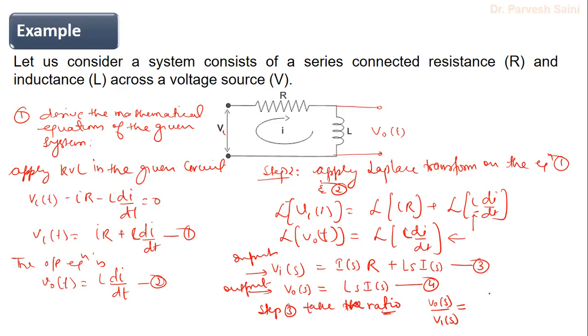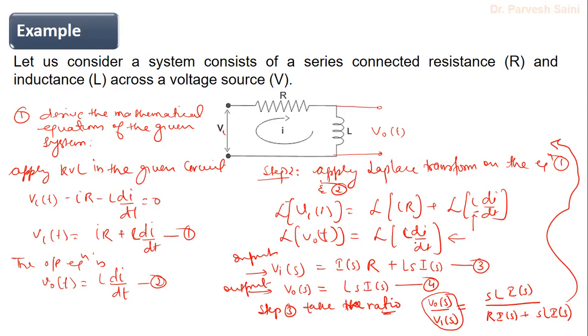So V naught S is equal to SLIS and VIS is equal to RIS plus SLIS, right? Okay, so now if we have to further solve this, we can simply take the common term here and cancel it out. And as you can see here, this is the Laplace of output to the Laplace of input.